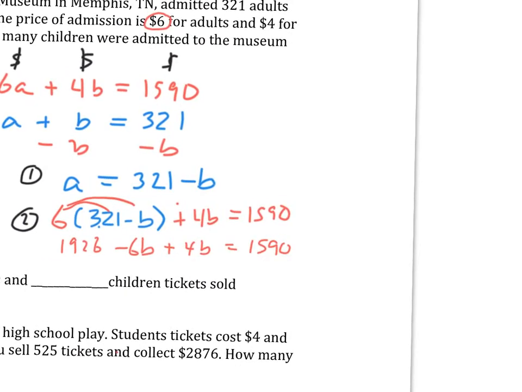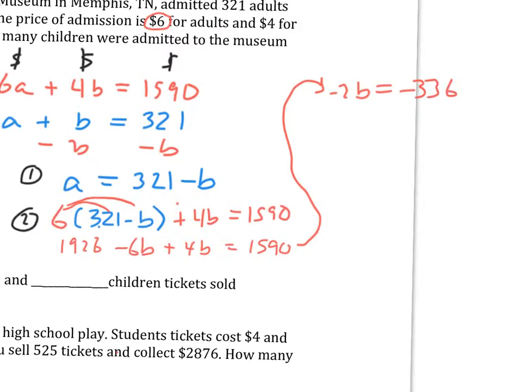All right, I'm going to do 2 things at once. I'm going to combine my like terms, and I'm going to move the 1926 to the other side. So combining like terms gives me negative 2B, and over on the other side will give me negative 336.